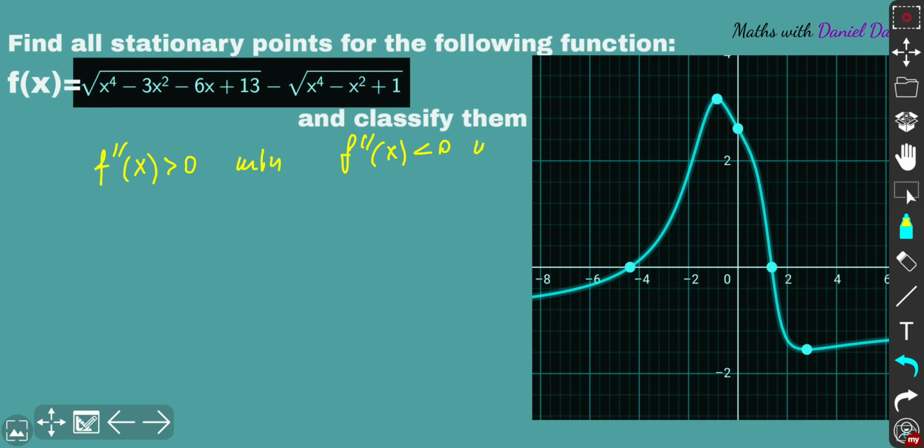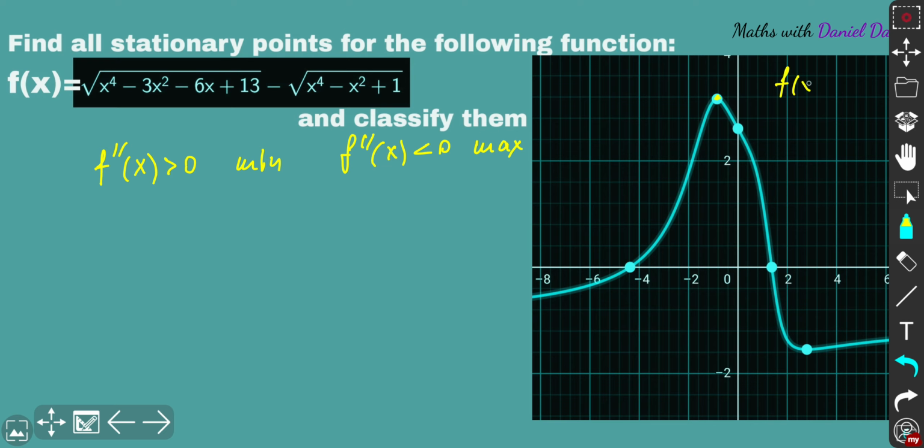I'm not going to do it this way because it's definitely difficult, and in case you need to take the second derivative, you need to plug in the values around. So I don't want to do that. Instead, I'll offer another way around. This is already the sketch of the function f of x, okay?